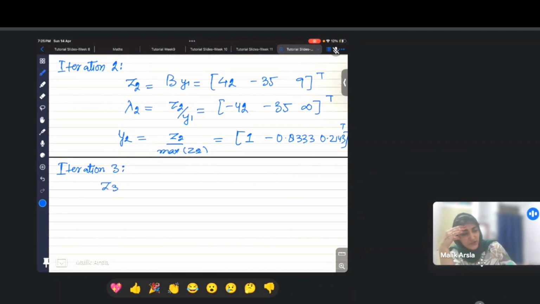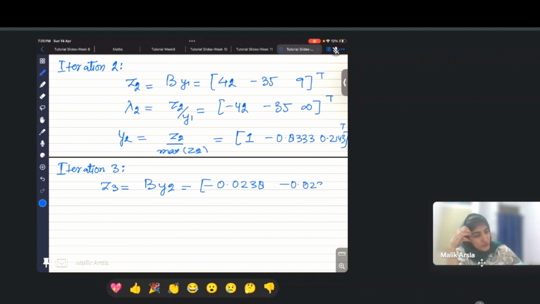Here Z3 is equal to B into Y2. Now, when you multiply the B matrix with this Y2 vector, the first element is minus 0.0238, and the second is minus 0.0238. Please confirm if it is negative or the second one is positive.